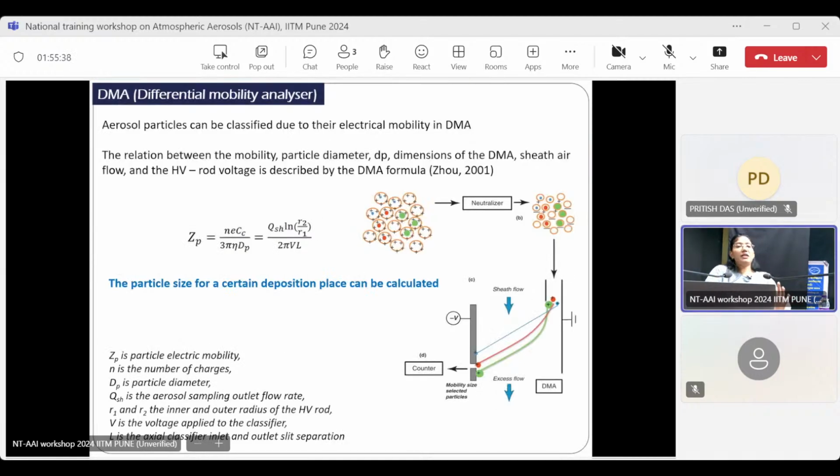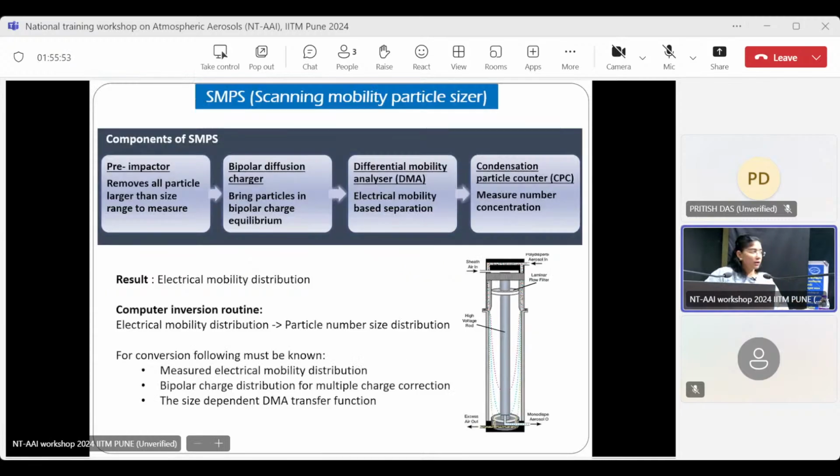Starting with the DMA. So what does a DMA do? In the DMA, you have different size particles which you are inserting in your annular ring. And there are two types of flow. If you see this, they are annular rods. Inside we have a sheath flow.